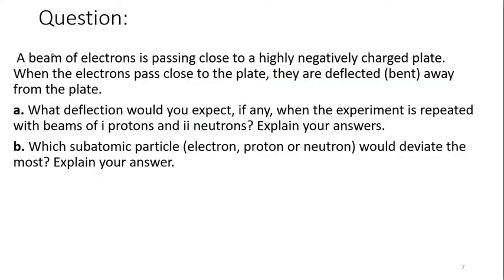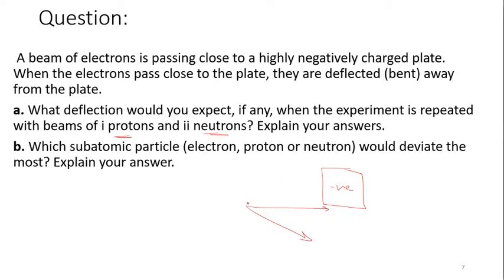Let's take a question. A beam of electrons is passing close to a highly negatively charged plate. So now I have a highly negatively charged plate, and a beam of rays passing close to it. When electrons pass close to this plate, they deflect. They bend away from this plate. What deflection would you expect if we repeated this experiment using a beam of protons and a beam of neutrons?